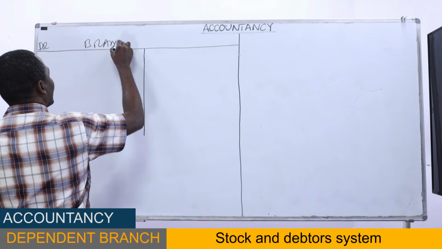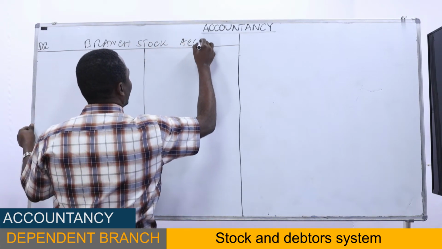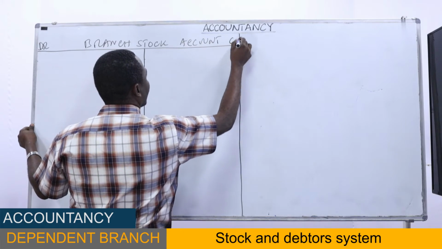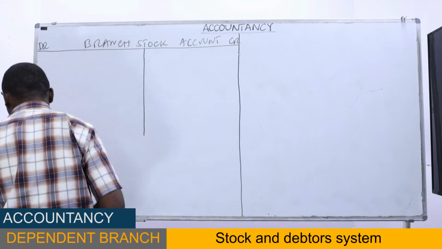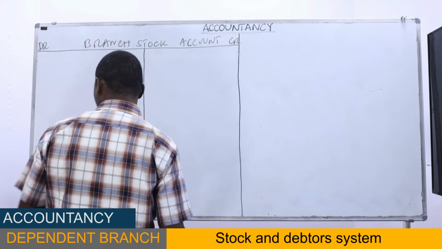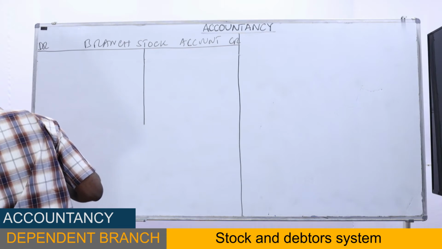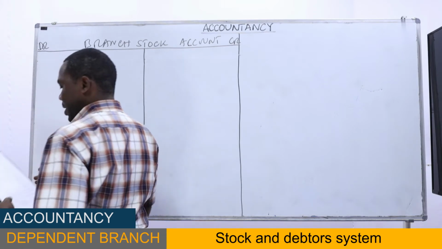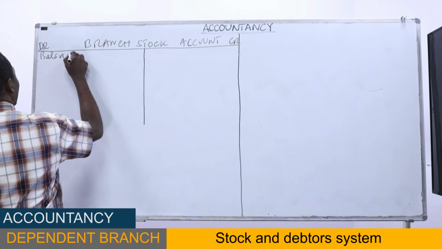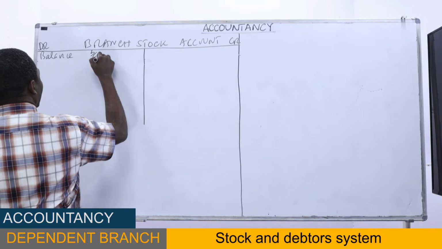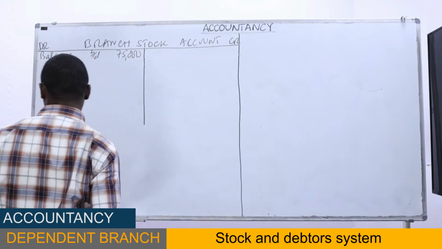This will be branch stock account, that is a credit balance. And of course, we have our opening balance, that is 75,000.